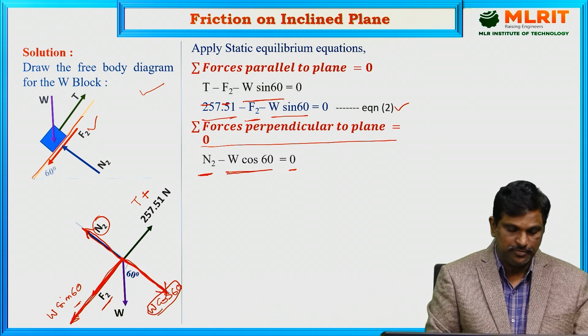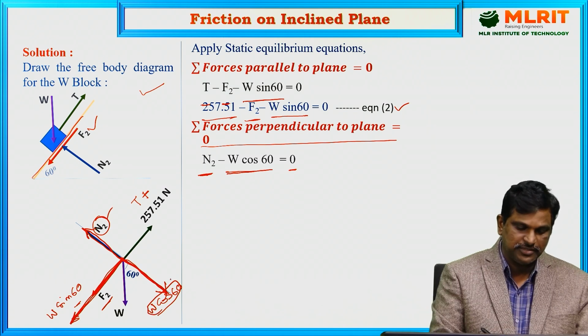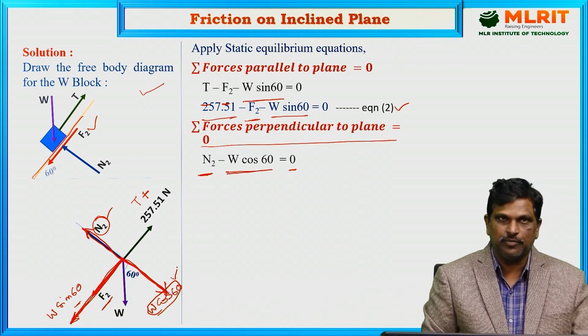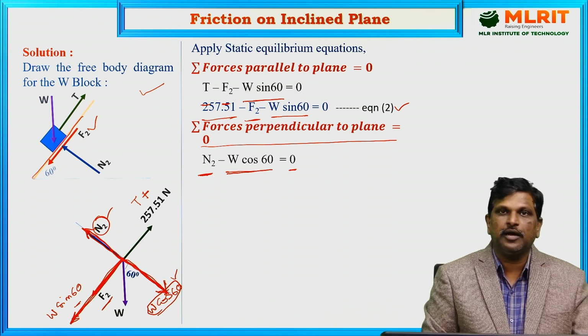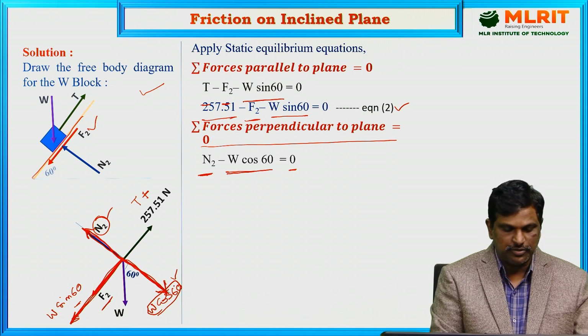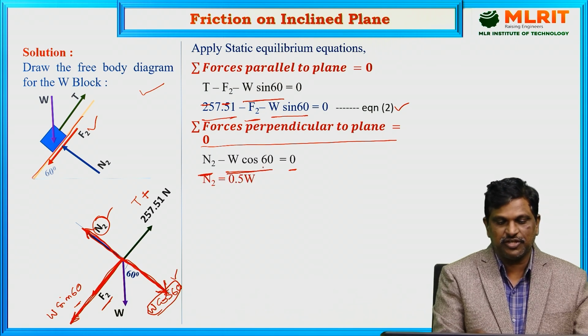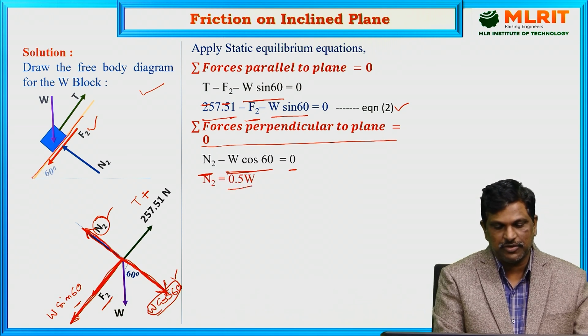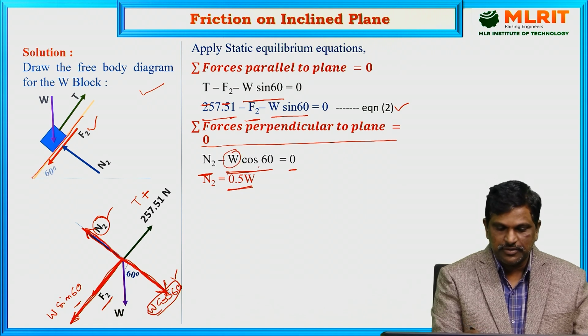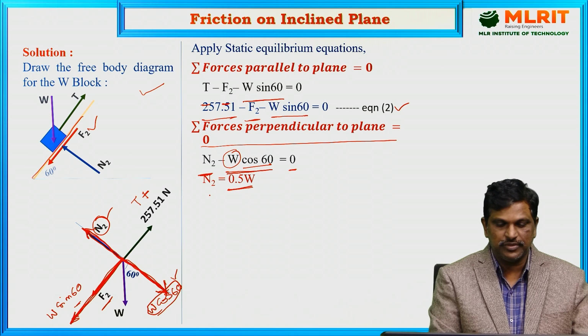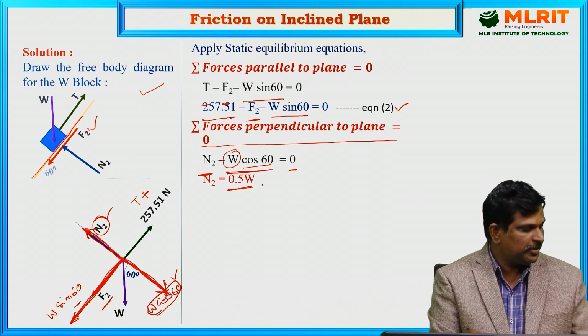For the equilibrium of the body, if two forces are acting on the body, then they must be equal and opposite. That's why N2 is equal to W cos 60, which is equal to 0.5 W. We don't know the value of W. So cos 60 equal to 0.5. N2 is equal to 0.5 W.